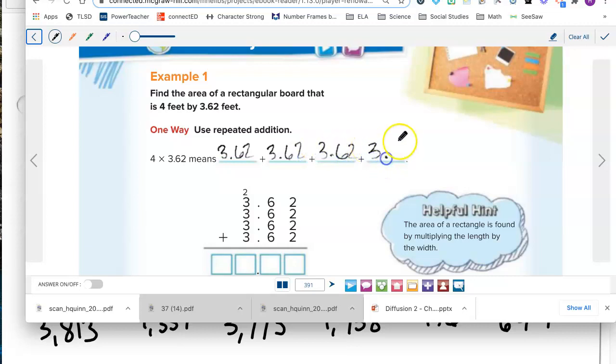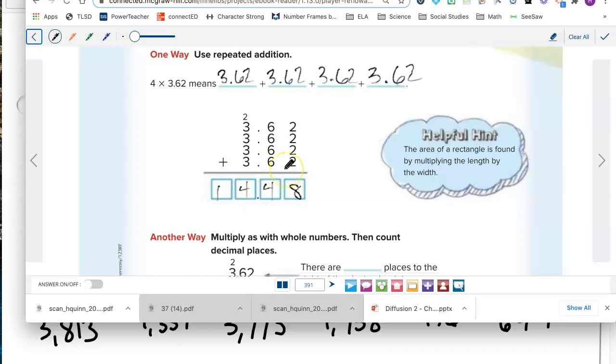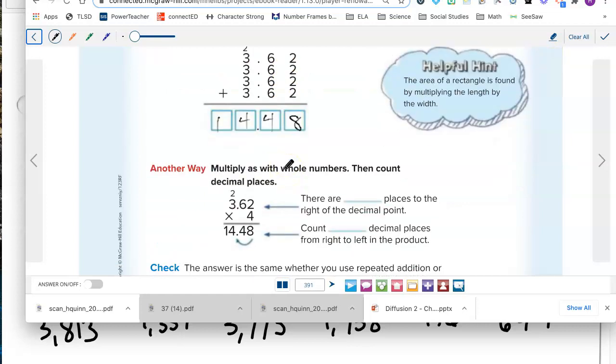Now we did our addition and subtraction decimal units, so we know that we add and subtract decimals, we line up our decimals and drop the decimal down, and then we just add 2, 4, 6, 8. This is 6 times 4, which is 24. You can see that they carry the 2. 3, 6, 9, 12, and 12 plus 2 is 14. So we have 14 and 48 hundredths.